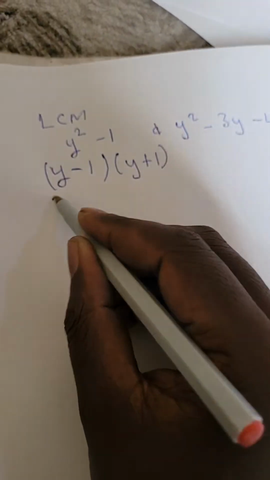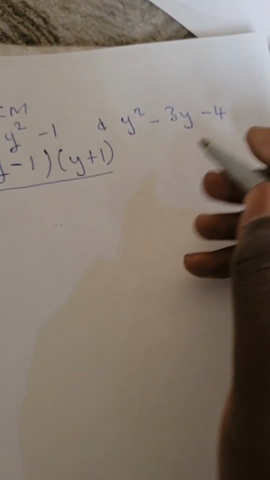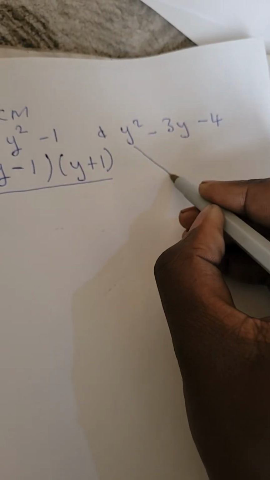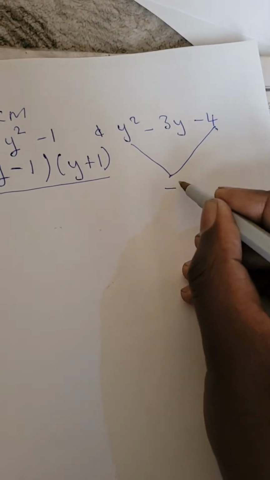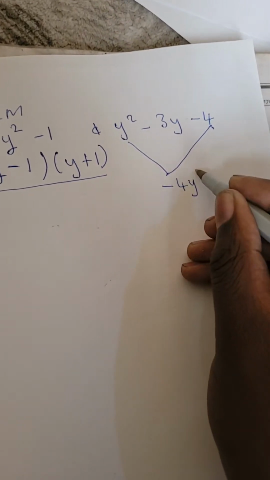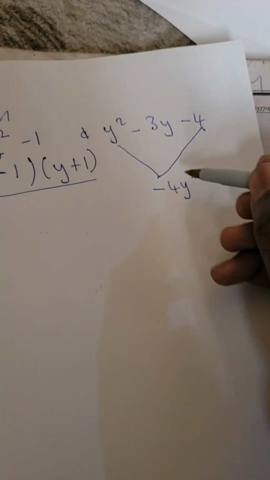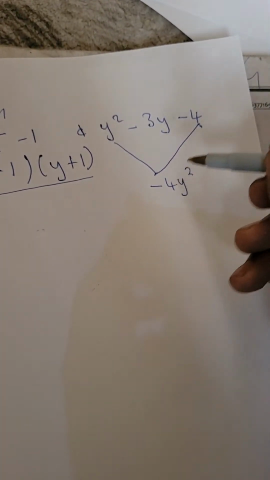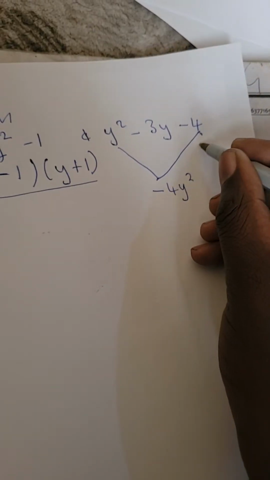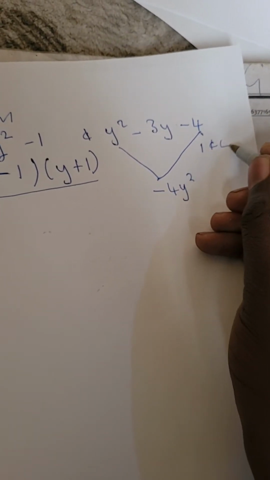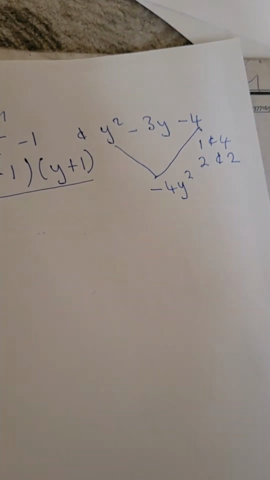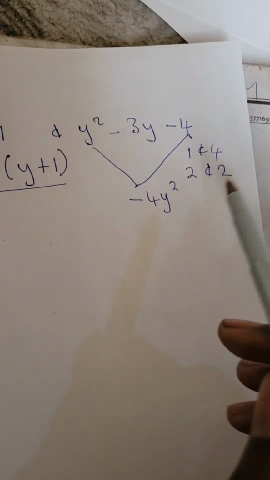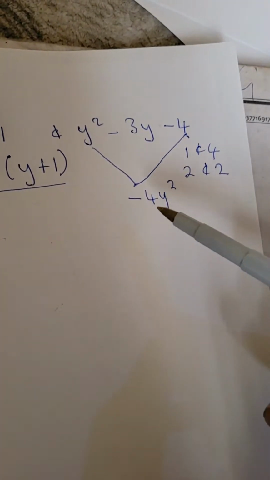Okay, so then this other one, let's first multiply the first and last terms. You get negative 4y squared. Okay, so we want two factors that if we multiply, we get 4. So the first one is 1 and 4. Then the other one is 2 and 2. Okay, but among these factors, we want factors that if we multiply, we get negative 4, and if we add, we get negative 3.